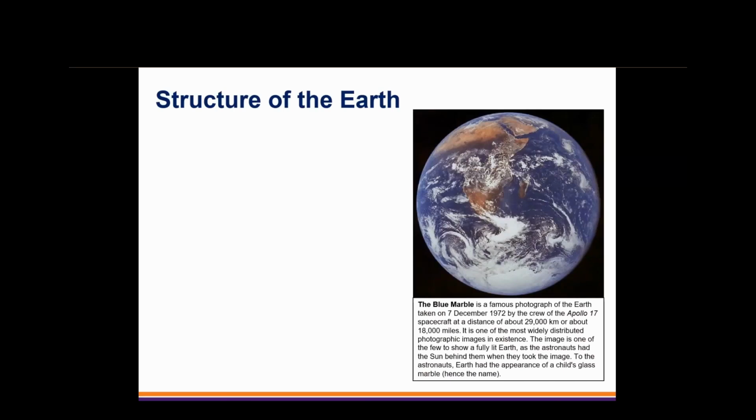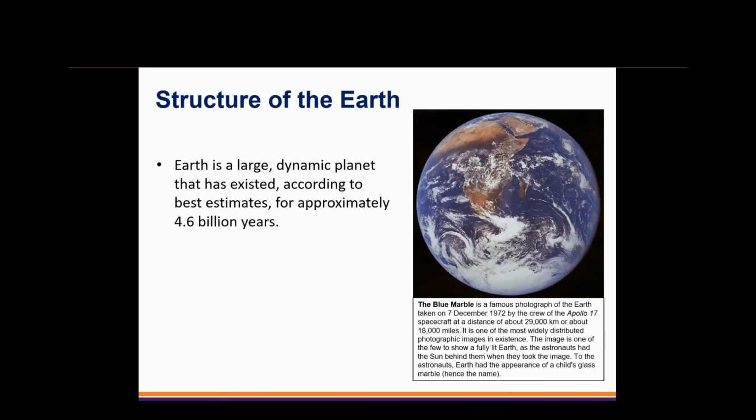Okay, so Earth is a large dynamic planet that has existed, according to the best estimate, for approximately 4.6 billion years. It is the third planet from the sun. When the Earth was newly formed, it was a huge molten mass.